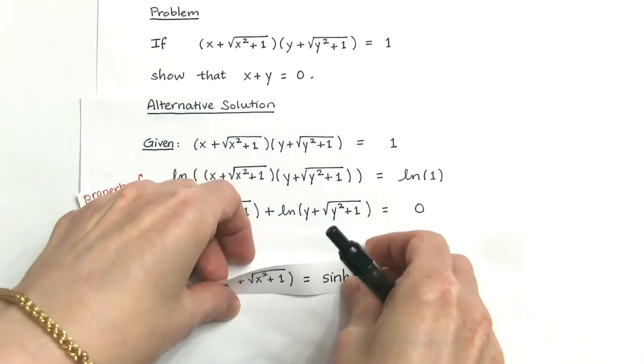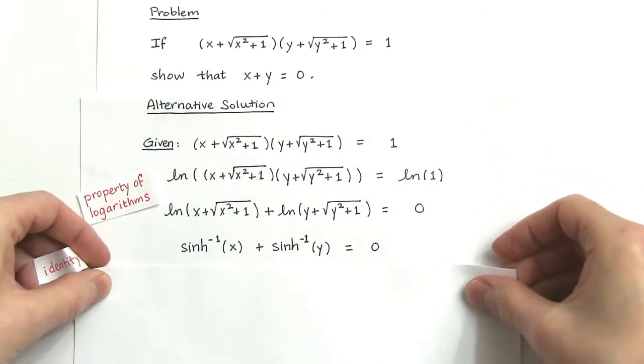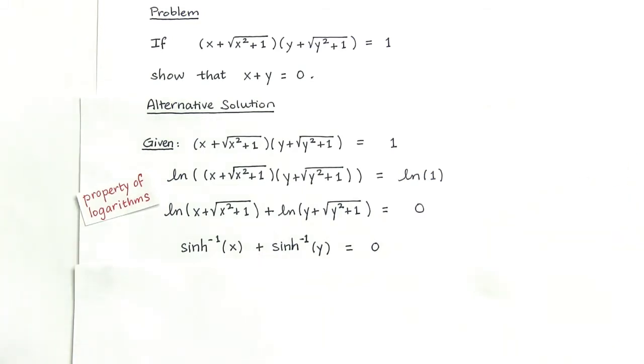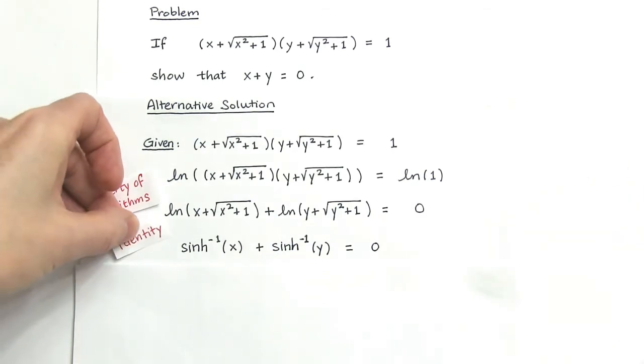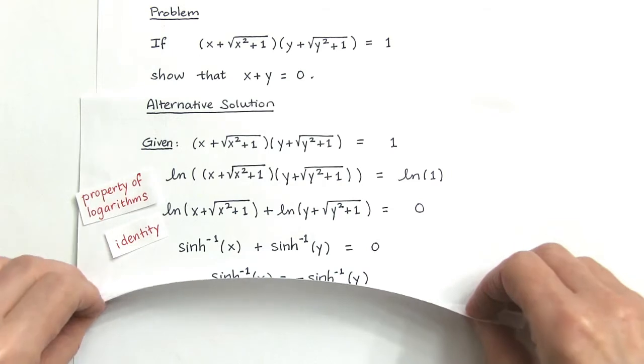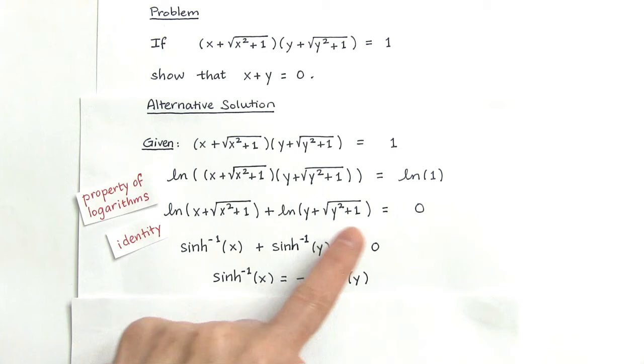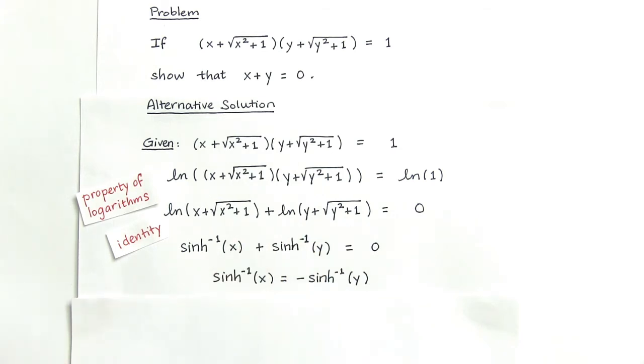So, applying this algebraic identity in the next step, we now have that the inverse hyperbolic sine of x plus the inverse hyperbolic sine of y equals 0, and subtracting this quantity from both sides of this equation tells me that the inverse hyperbolic sine of x is equal to the negative of the inverse hyperbolic sine of y.